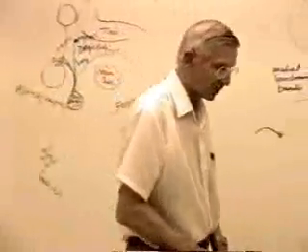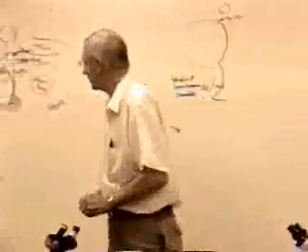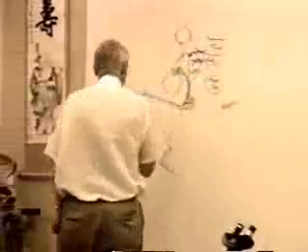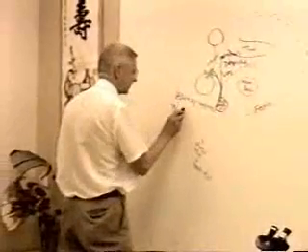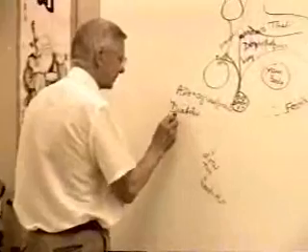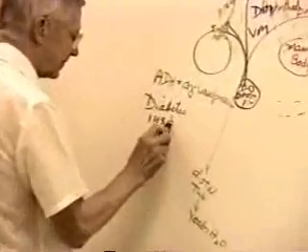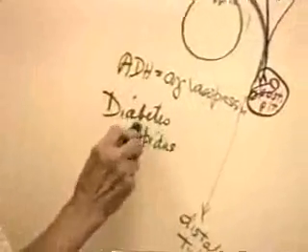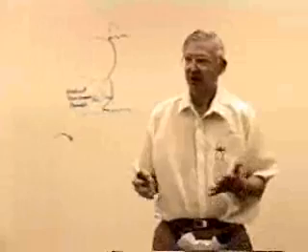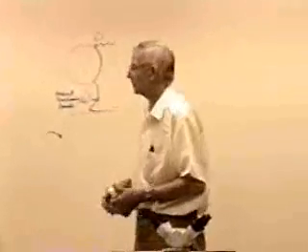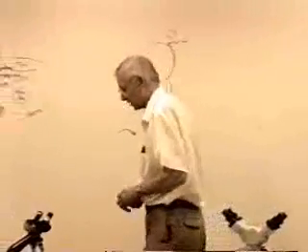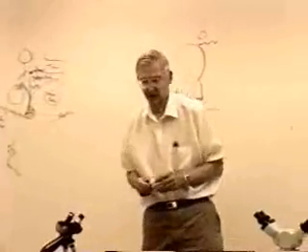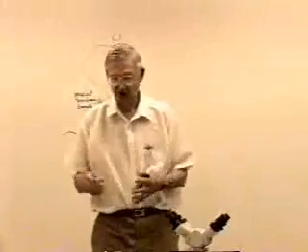When this system does not work, as in diabetes insipidus, distal tubules cannot reabsorb water adequately. Too much urine is excreted, and the patient becomes dehydrated.